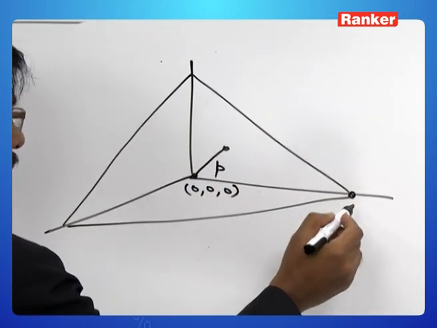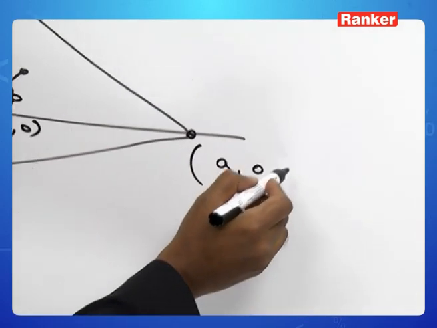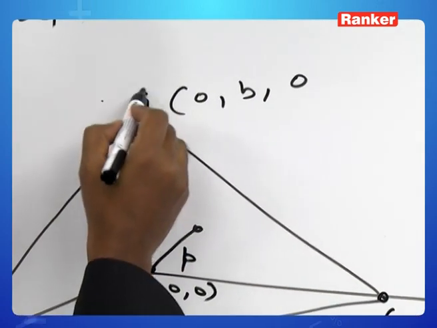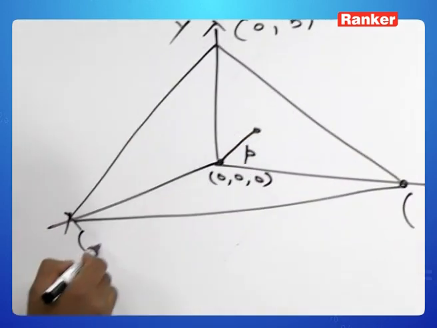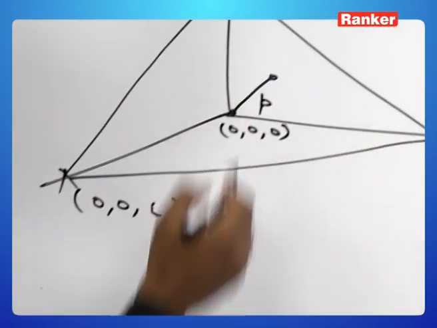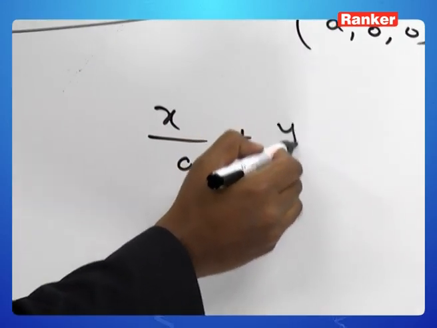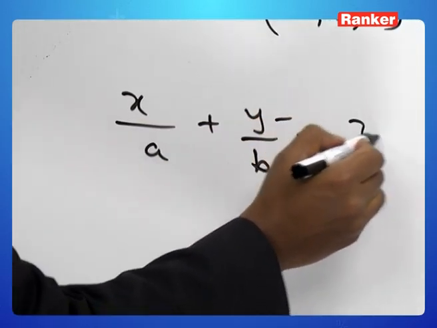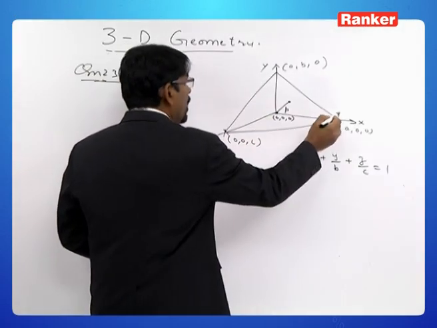Now let us say the variable plane meets x-axis at (a, 0, 0), y-axis at (0, b, 0), and z-axis at (0, 0, c). So the equation of this plane in the intercept form can be written as x by a plus y by b plus z by c is equal to 1. Equation of the plane ABC.